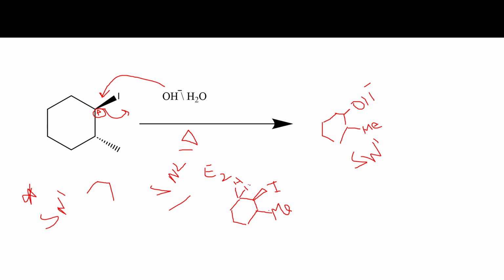Which hydrogen is below the plane? The OH minus can take this hydrogen and remove your leaving group, so you get this product.